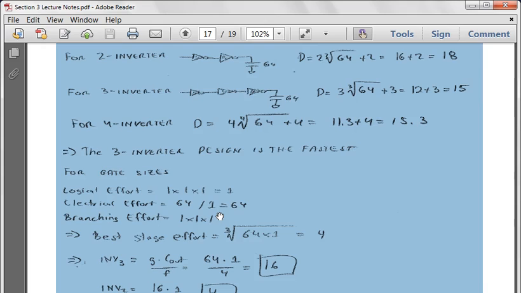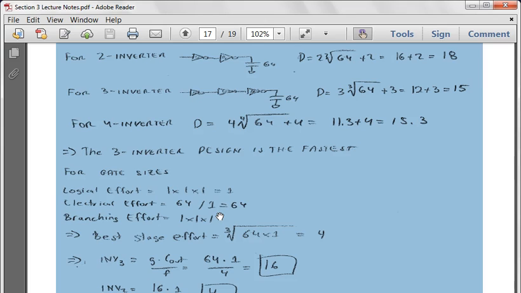So our best stage effort, we have the cube root of 64 times 1 here, which becomes 4.